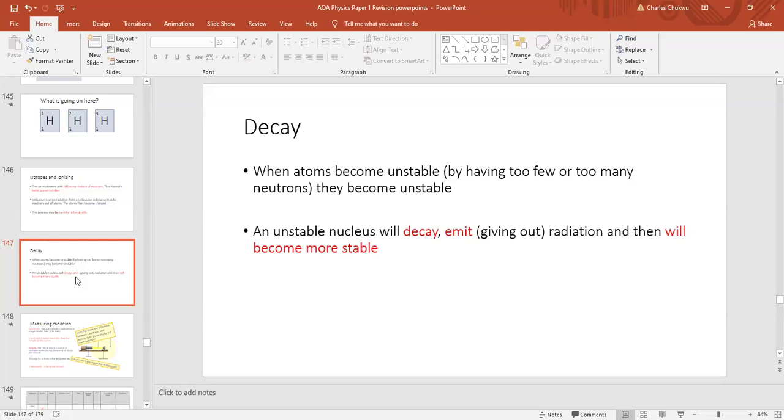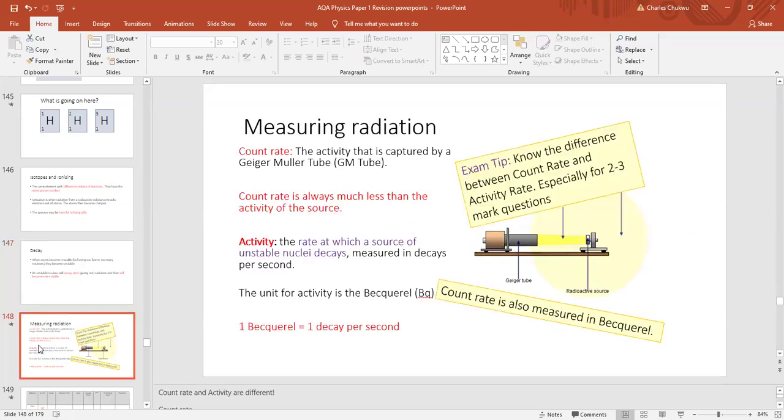So that's the whole idea: when they're unstable, they emit radiation. There are different types of radiation that could be emitted, and that tells us what type of decay is going on. These are indirect references to experiments for radiation. So what's the count rate?